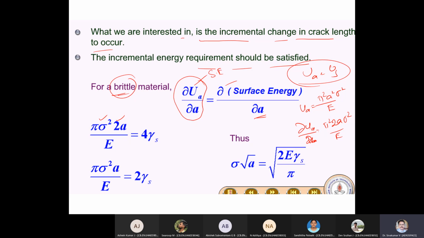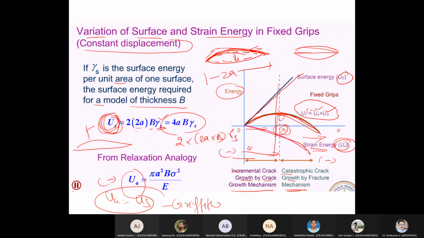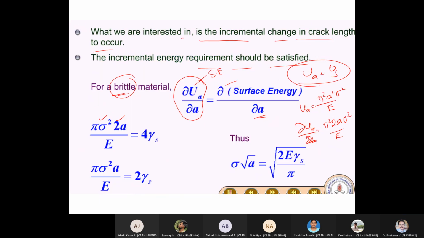On the other hand, what is this one? 4 A B γ_S, isn't it? Once you differentiate, what will happen? This B will automatically get cancelled, A becomes 1, so 4γ_S.